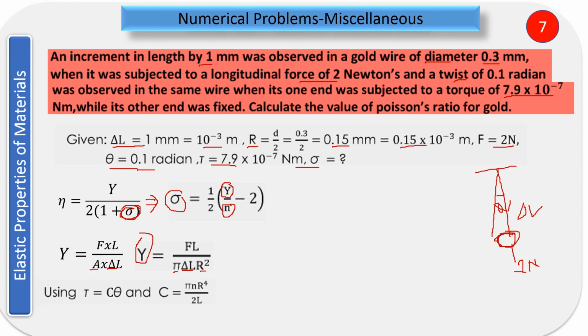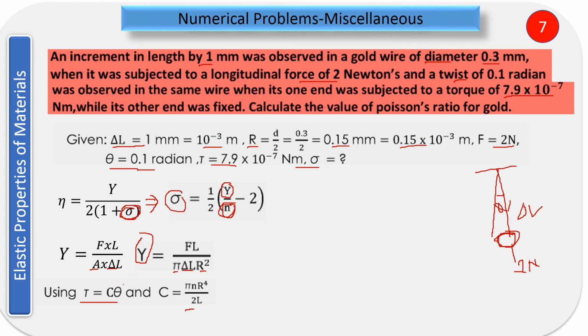Now let's come to the second one and calculate the modulus of rigidity. We know tau equals c into theta and c is equal to pi eta r to the power 4 upon 2l. So I can rearrange these two equations.